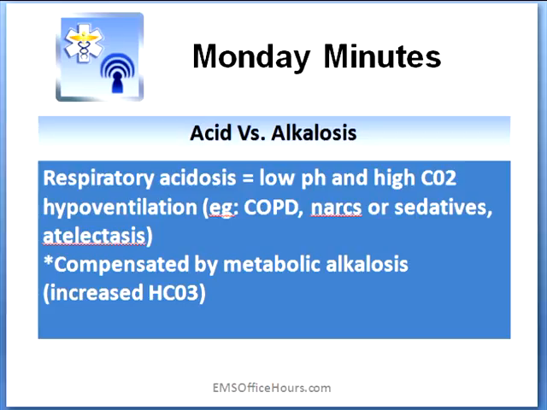Something else to think about when you're seeing scenarios and questions being asked is how the body's compensating for what's going on. It should lead you along the path that the ventilatory rate is what's trying to mitigate that pH.